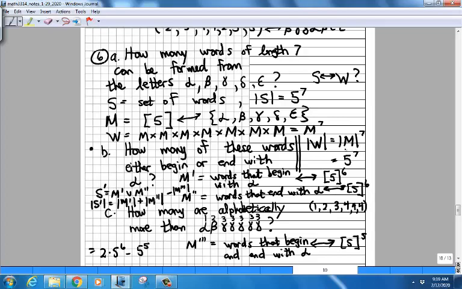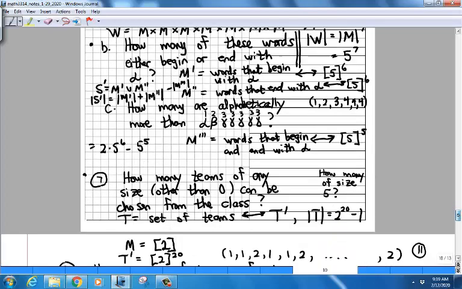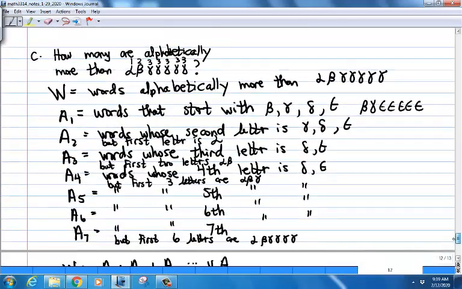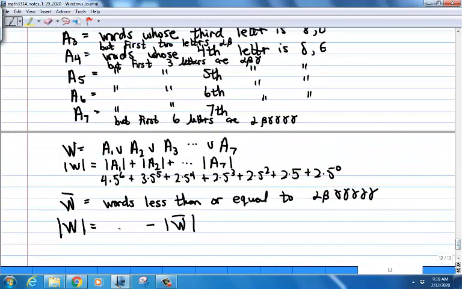And remember, we counted that was 5 to the 7th. So I know how to fill in part of this, right? There's the universal set minus this, but this is 5 to the 7th. So you can count W if you can count the complement, right?